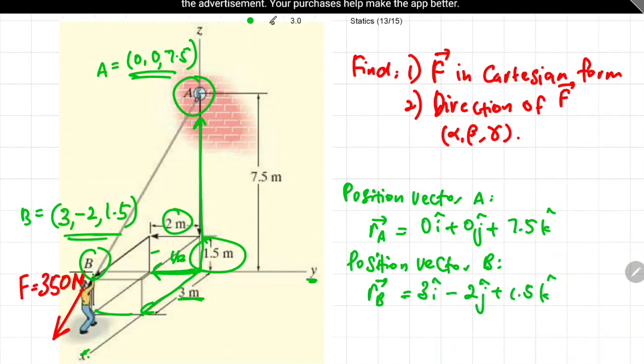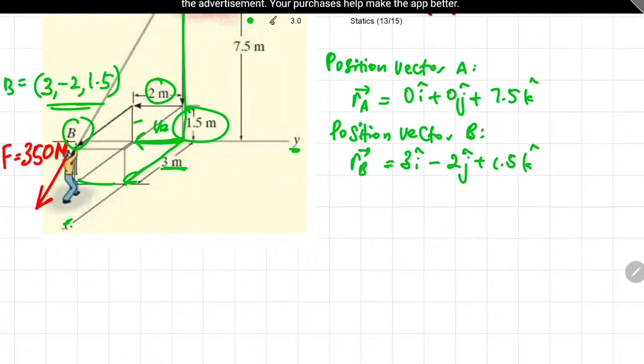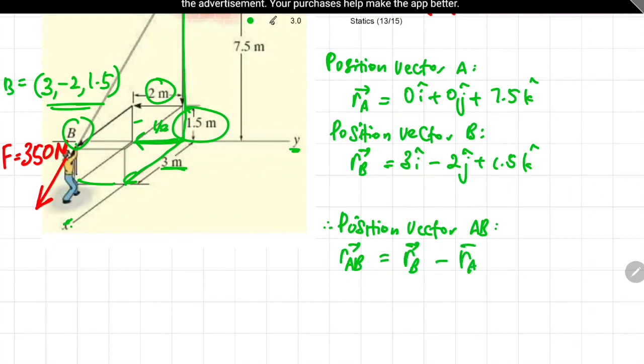Okay, now that we know the position A and also the position B, we can calculate the position vector AB pula. Macam mana nak kira? Position vector of AB or RAB is equivalent to position of B minus position of A. So, position vector B, 3i minus 2j plus 1.5k, minus position vector A, which is 7.5k je lah.